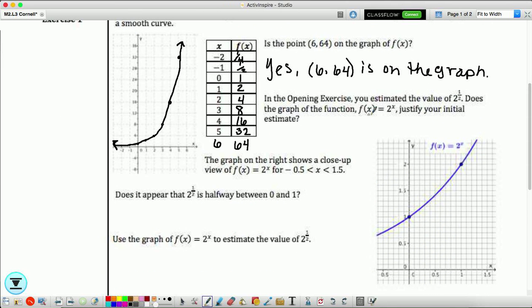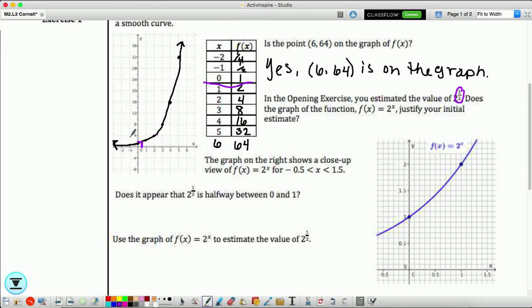Does the graph of the function f of x equals 2 to the x power justify your initial estimate? If I look back at my graph to see where x is 1/2, that would be somewhere between 0 and 1.